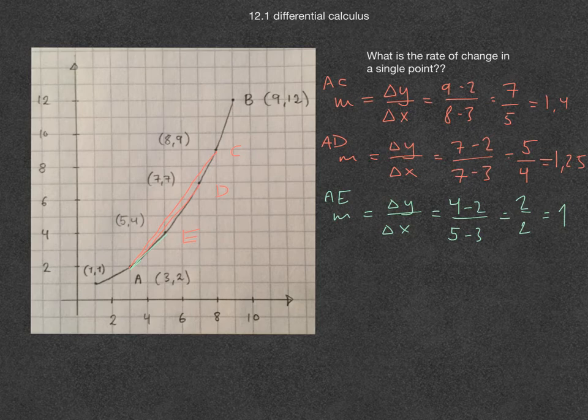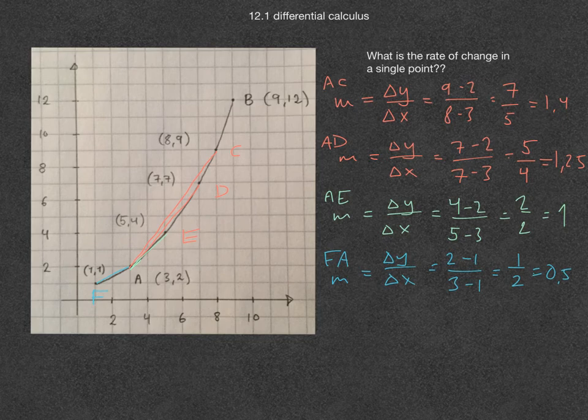Now, we could also imagine that we move closer from the other side. And we could find the gradient for a chord going from this point F with coordinates 1, 1 to A. So FA, this chord has a gradient of, let's see, this is going to be 2 minus 1 divided by 3 minus 1, which is 1/2, or 0.5.